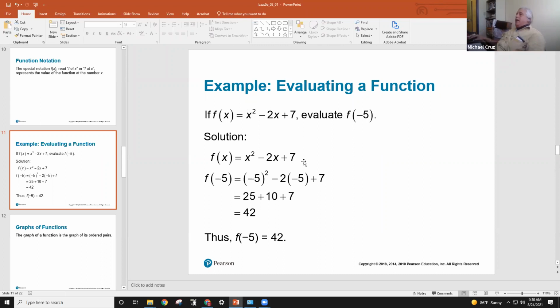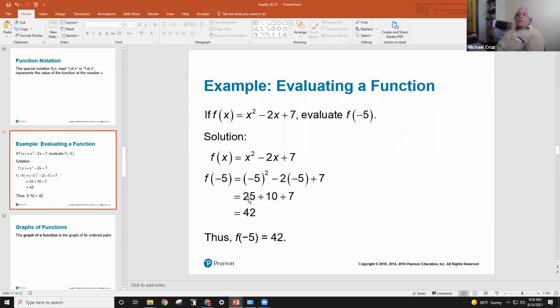So this is f of x, and f of -5 simply means let's take -5, put it in, and then it's equal to -5 squared. Remember, it's negative, but when it's squared, it becomes positive. And if y'all got any questions, just ask and slow me down.